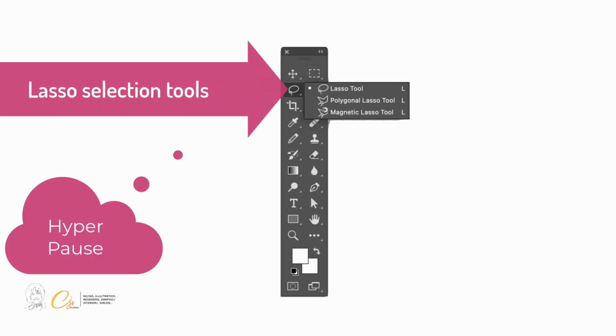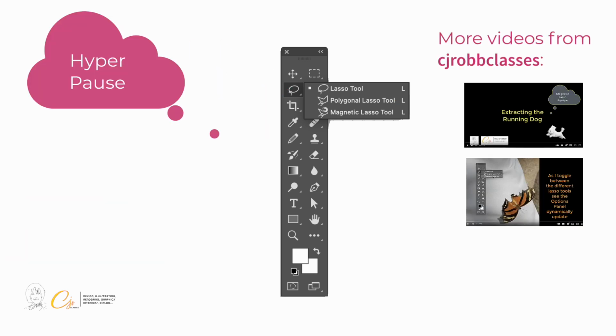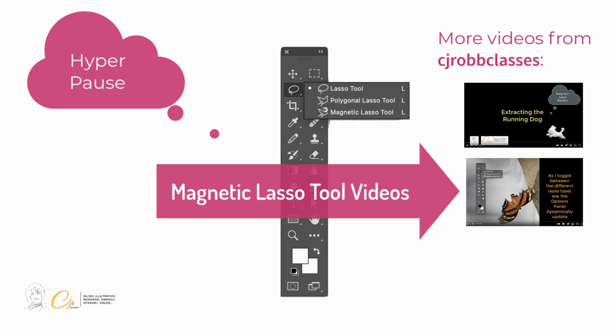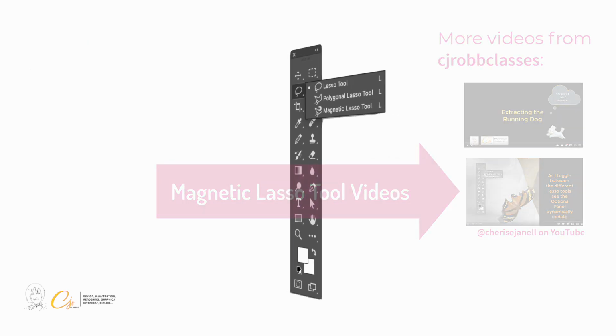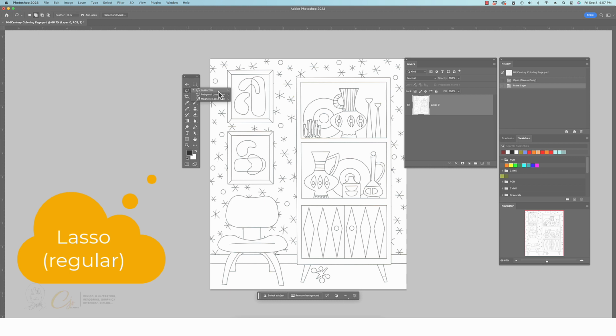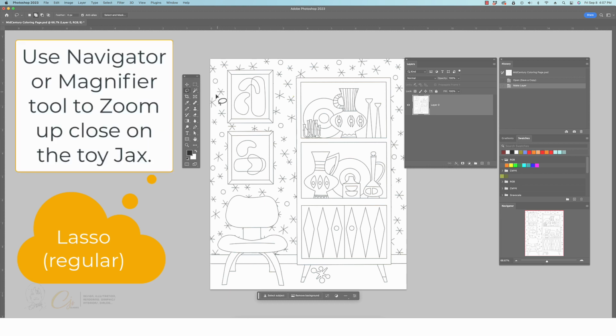The Lasso tool family houses 3 different lasso tools: regular lasso, polygonal lasso, and the magnetic lasso tools. You can learn more about each of these tools beyond this video from my YouTube library. In this lesson, we will use the regular lasso tool.